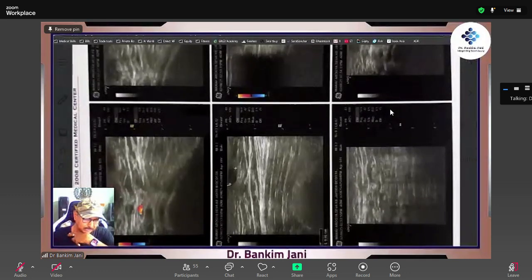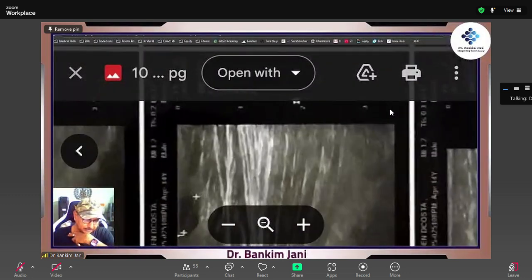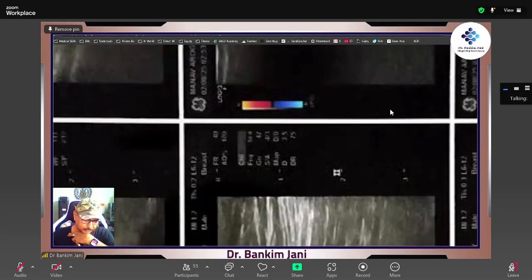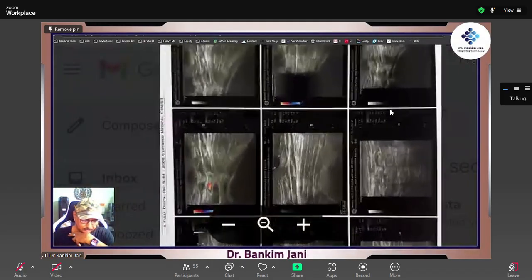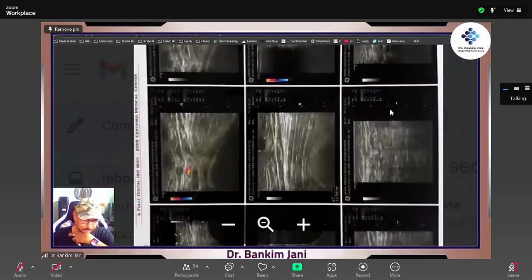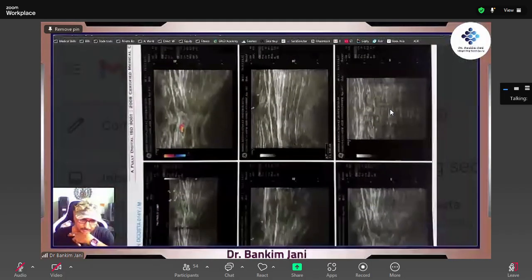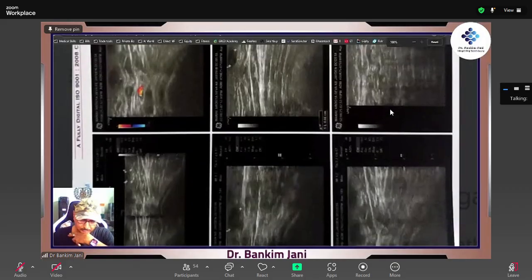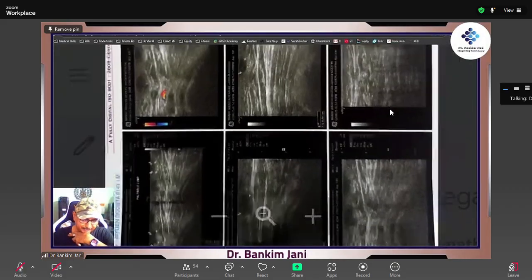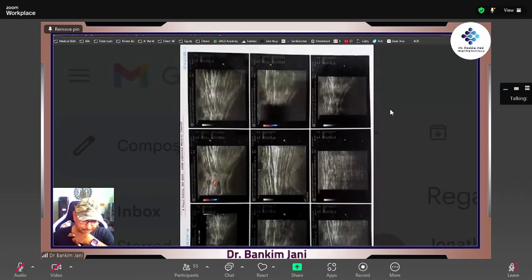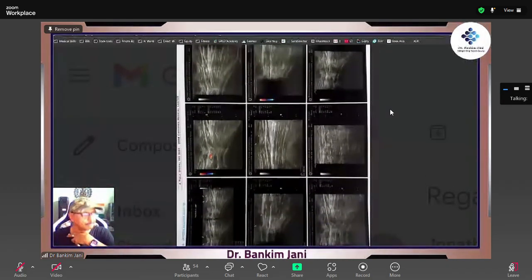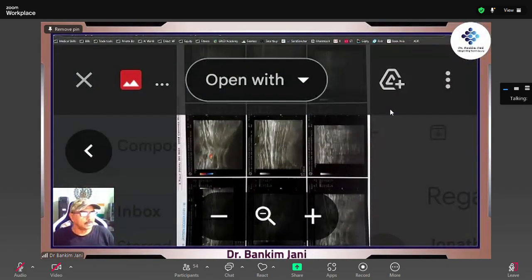This is a bit blurred. Is there any history of injury? Just let me know if there is any history of injury or not.